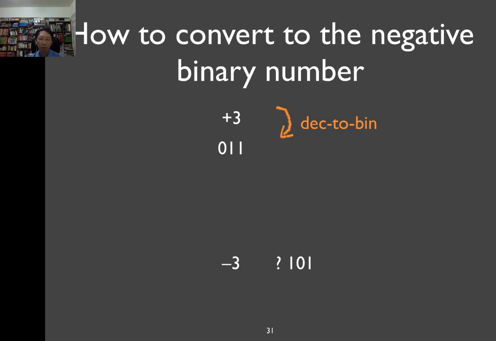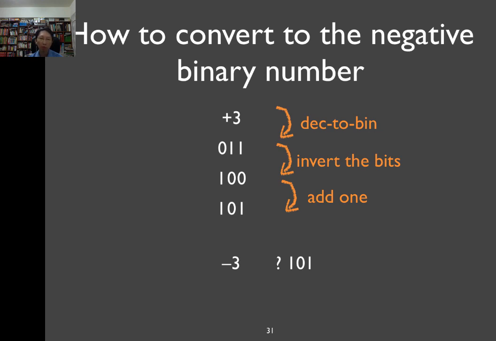Here we have a very quick algorithm to do this. First, do the bits inversion: swap every digit between 0 and 1, which we call inversion. 0 becomes 1, 1 becomes 0, 1 becomes 0. And then we add 1, and we get 101.